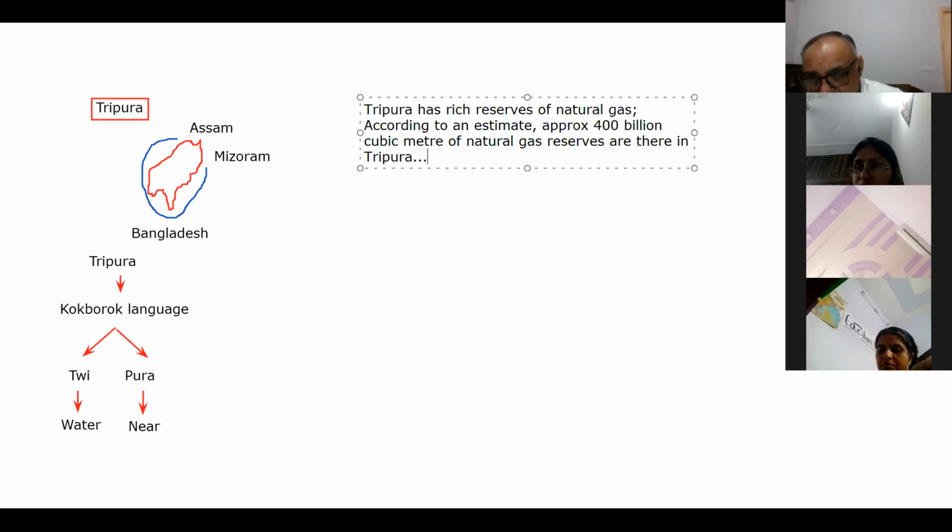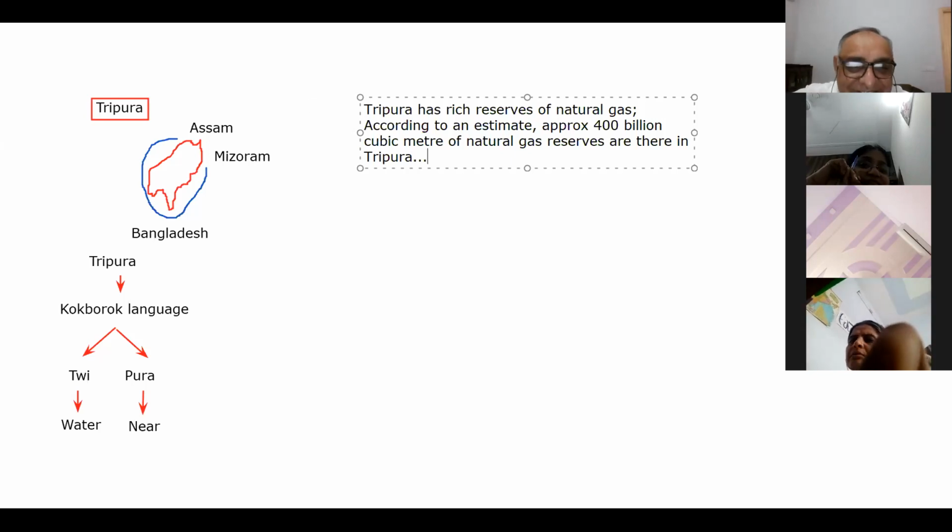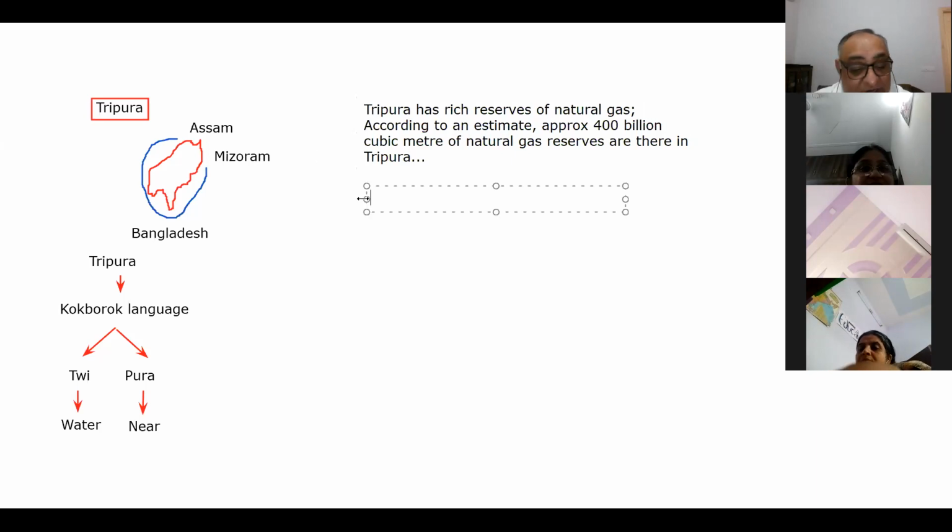So you must remember that among the northeastern states, Tripura is the smallest state. Similarly, you can be asked which is the largest among the northeastern states in terms of geographical area.